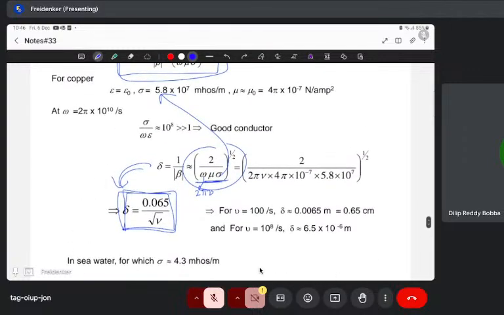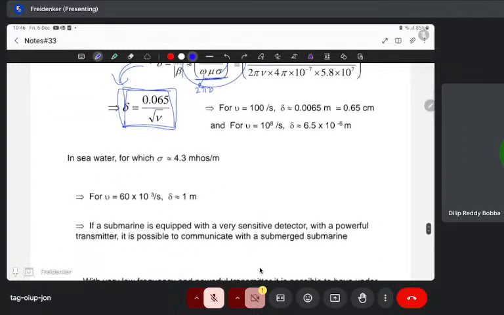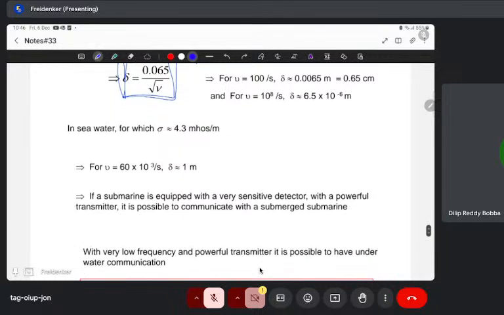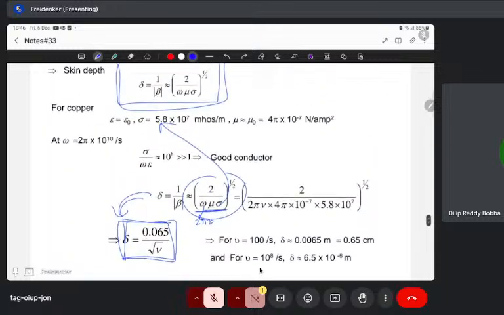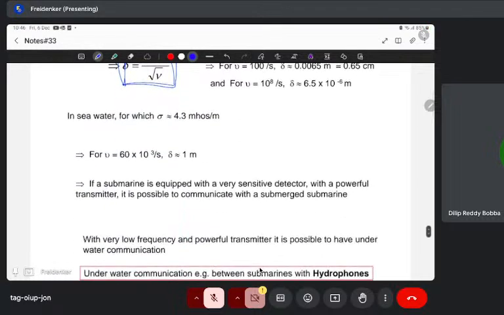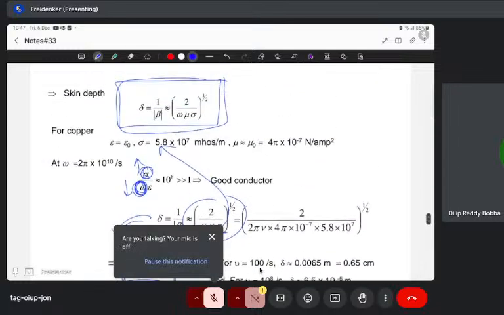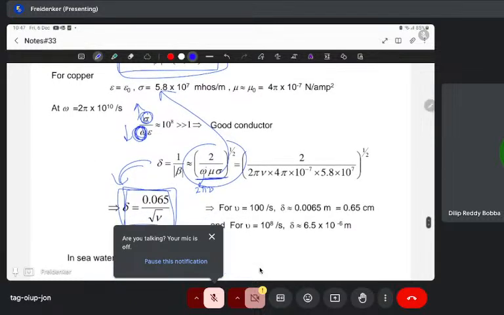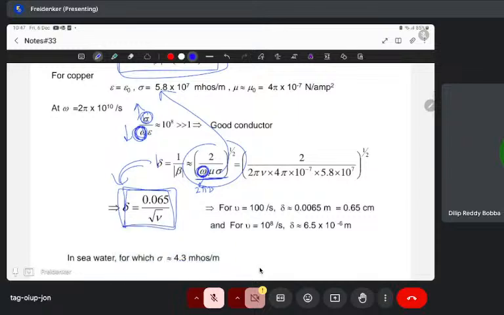So what they're telling is they want a very sensitive detector, so a powerful transmitter. Low frequency, because they want to reduce the frequency. They want to reduce sigma and increase skin depth. If you decrease your frequency, then your skin depth will increase.